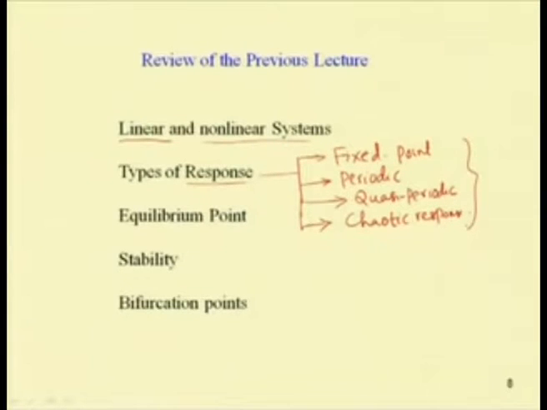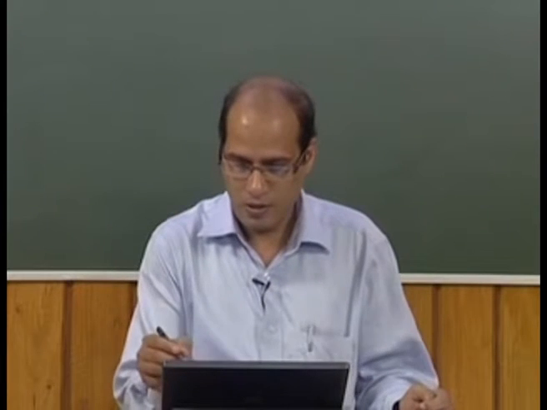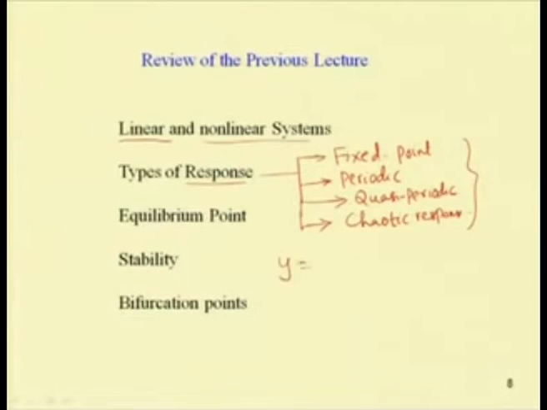And the quasi periodic response may be an aperiodic response in which the different frequencies bear irrational ratios. For example, I can write the response y equal to 5 cos 2t plus cos 2 root 5 t.